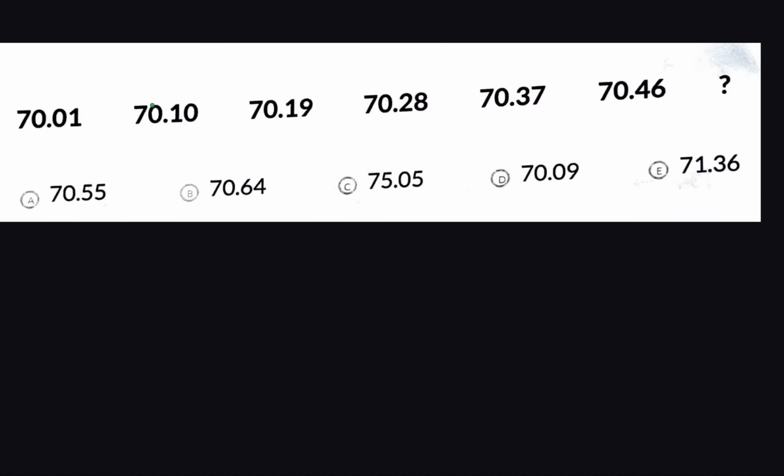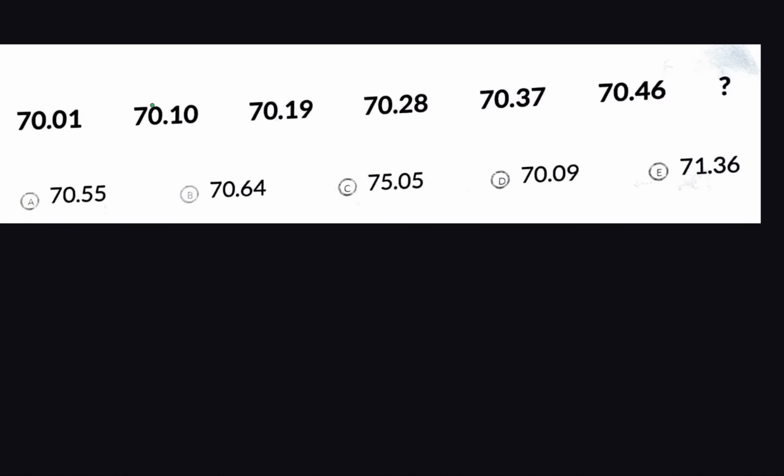The last one for you really, again, as I mentioned, do not get bogged down whether it's a fraction or a decimal or any other format. In this case, clearly what I'm doing is from 70.01 to 70.10, I'm adding 0.09 to arrive at this number.